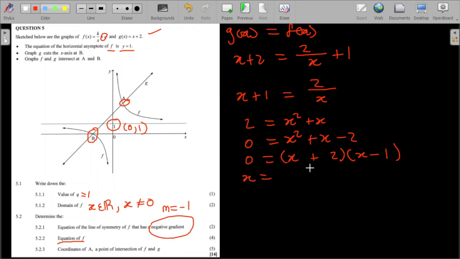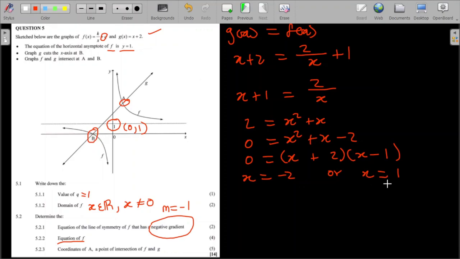So the first value of x is going to be negative 2, and the other x is equal to positive 1. Now negative 2, we already know that this is a point of intersection, and we did calculate this point using this one here, and we also get negative 2, which does make sense because this is also the point of intersection.